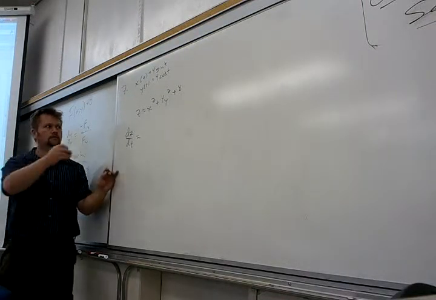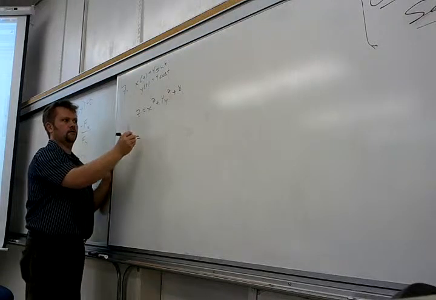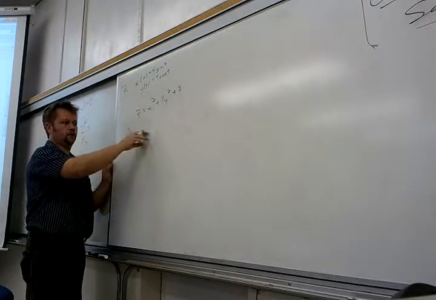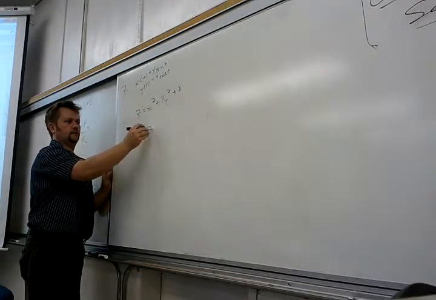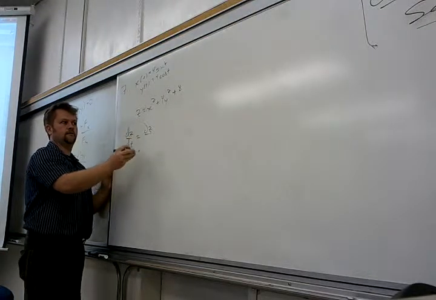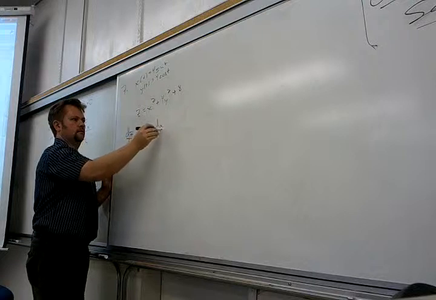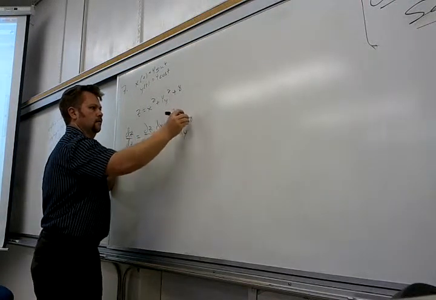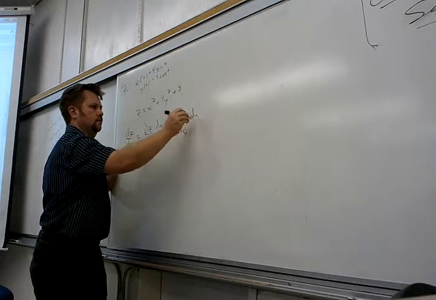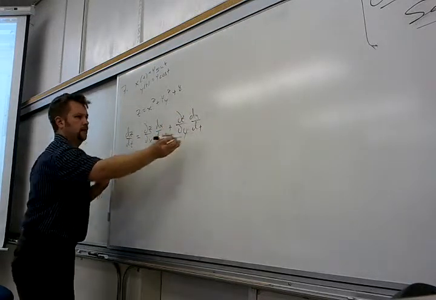Okay, what would the form of it look like? It's dz/dx times dx/dt, plus dz/dy times dy/dt. So it's pretty simple, and I just have to plug and chug, right?